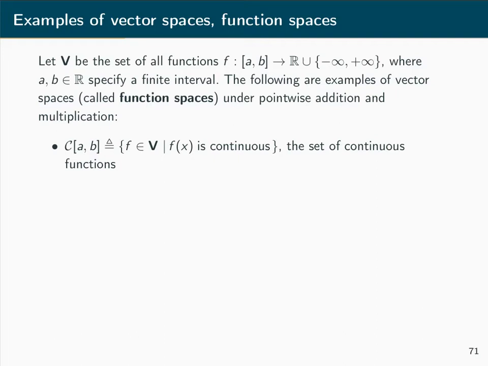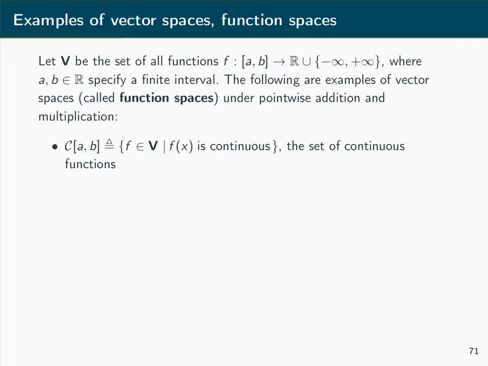Now you may think that functions and vectors are two different things, but for certain classes of functions that we're going to look at next, you will see that they actually satisfy all of the conditions of definition 4.2, and hence they represent an abstract vector space.